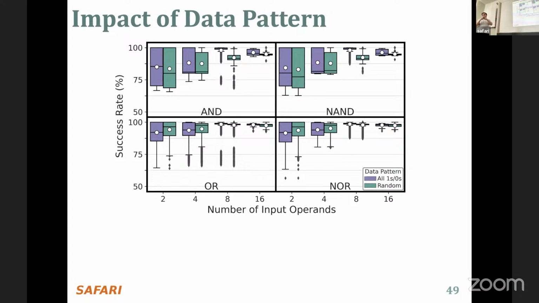Those two rows have some signals in common. So when you activate both of them at the same time, you assert other ones as well, and then you can activate 16 or 32. We observe up to 32 in one and 16 for the other. Probably this also depends on the row decoder circuitry that the DRAM chip has.